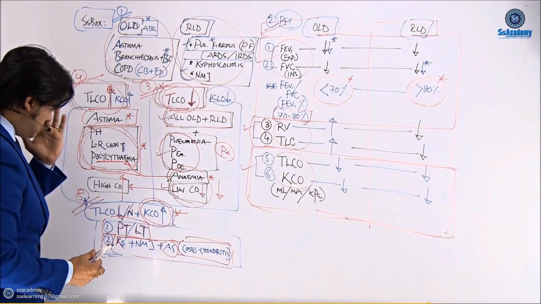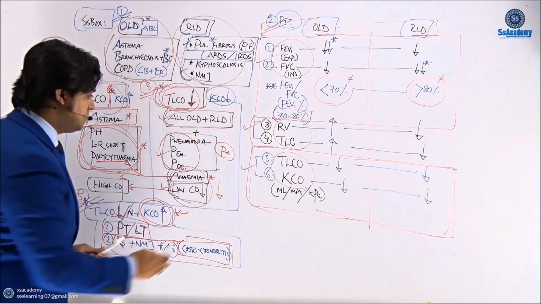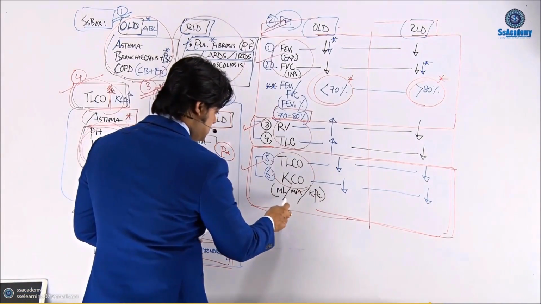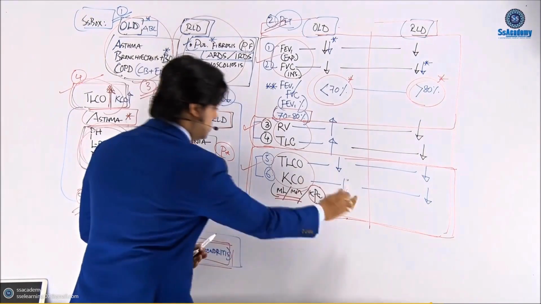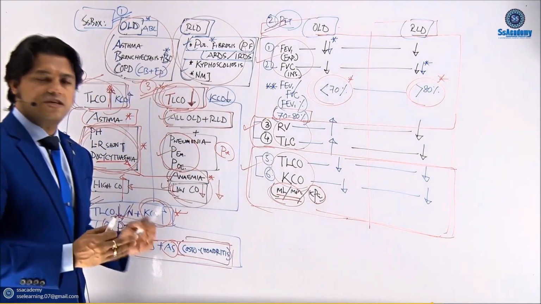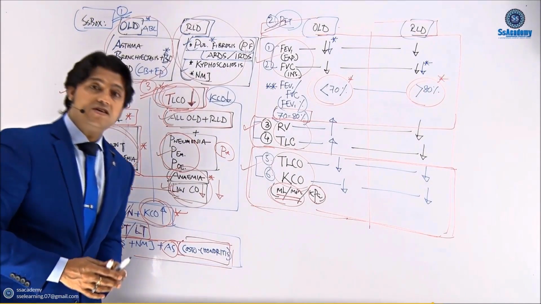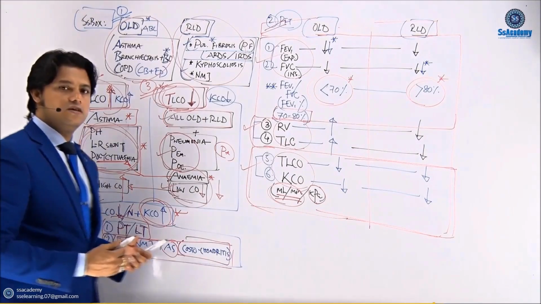What happened actually? Basically, in these cases, KCO increased. KCO is measured in milliliter per minute per kilopascal. Forget the kilopascal. Milliliter per minute means the speed of gaseous exchange, which will be increased in pneumonectomy and lobectomy.